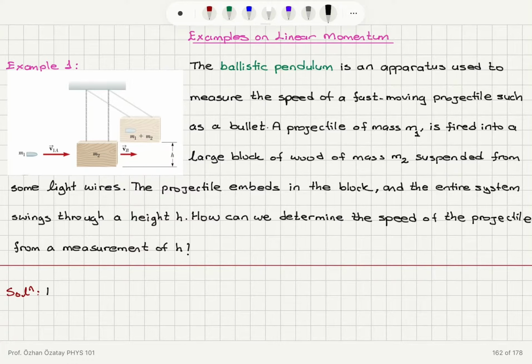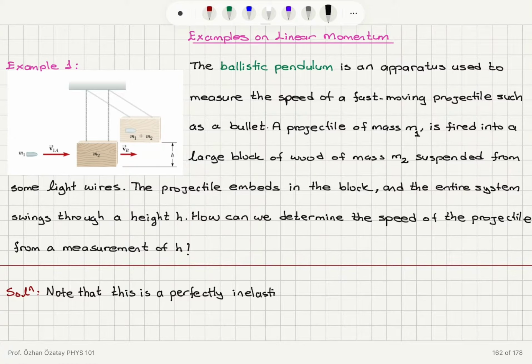So, first of all, we note that this is a perfectly inelastic collision.